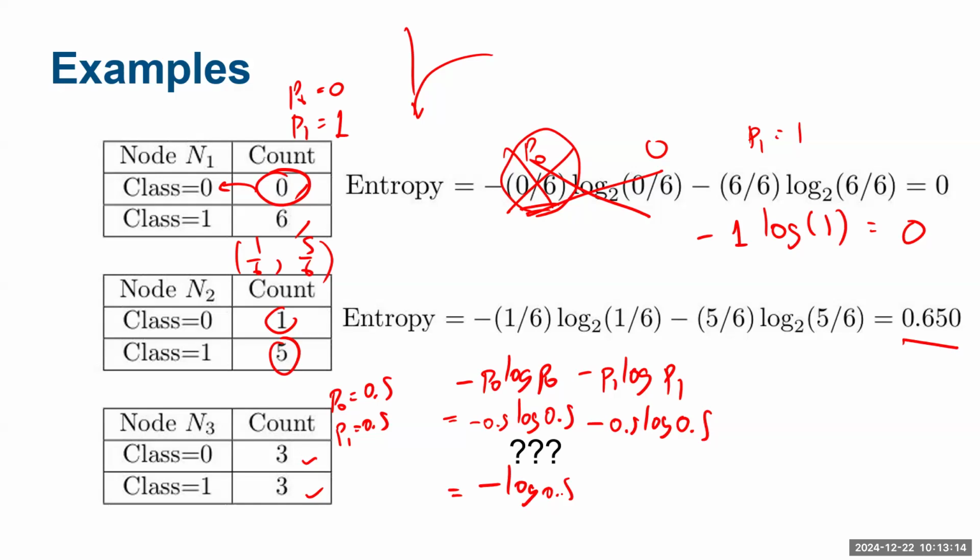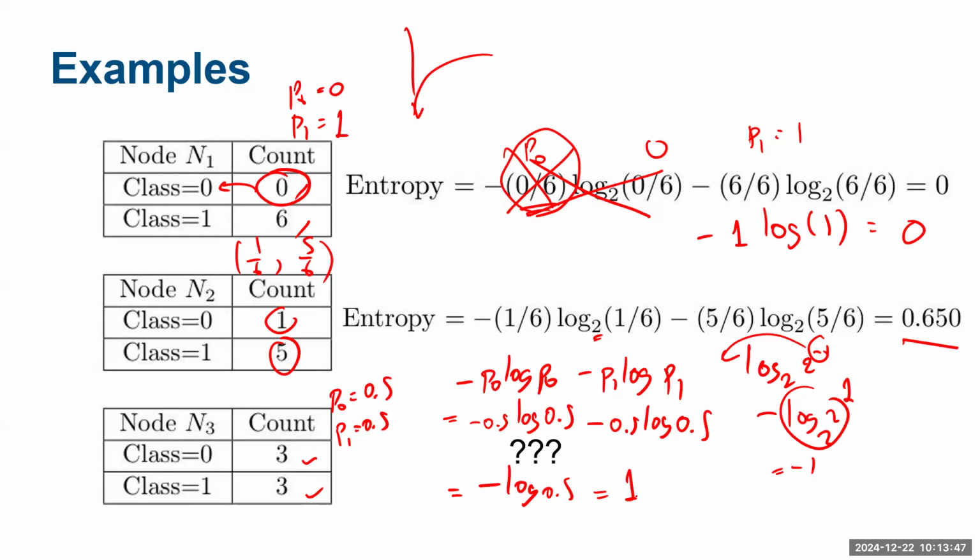What is log 0.5? Log 0.5 is minus 1. We take log base 2, so log base 2 of 0.5 is basically 2 to the minus 1. So this is minus 1, and we have a minus in the front, so it becomes 1.